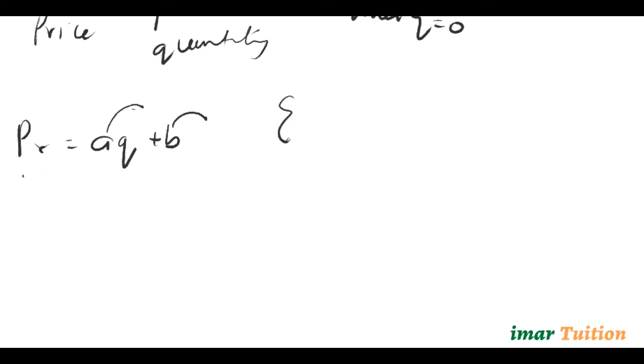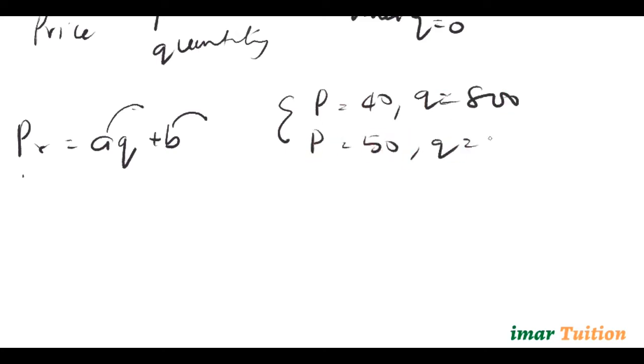And from this question, we're told that when price was 40, Q was 800. When price was 50, Q was 600. If we put these values into this equation, we're going to have an equation 1 and an equation 2. Let's go for 1.